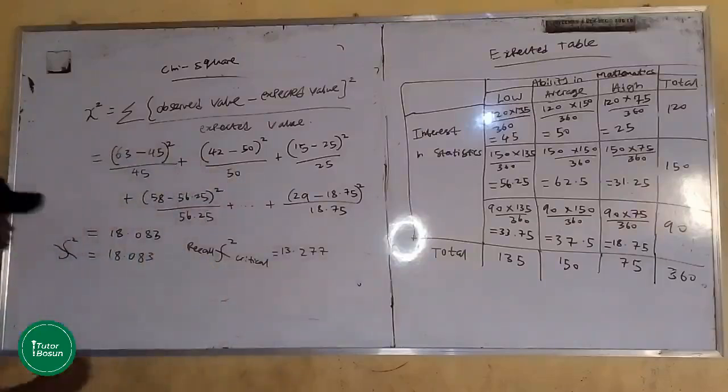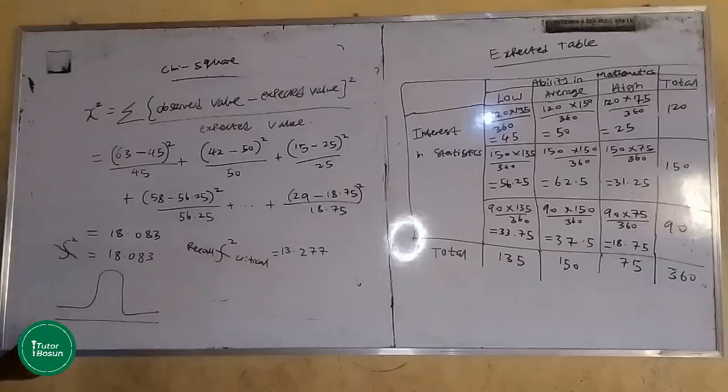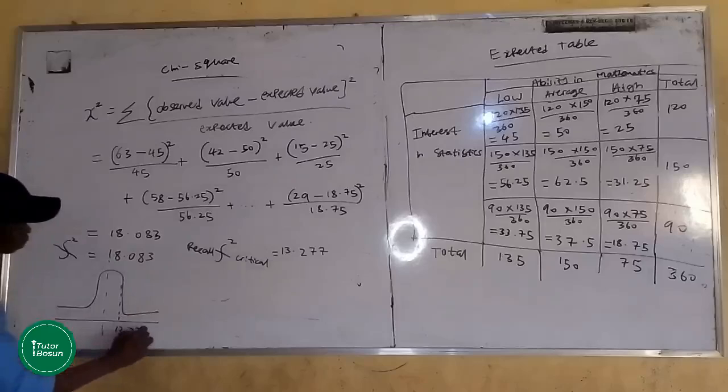So you can plot the distribution for that critical chi-square you are given, which is 13.277. It will fall in the positive part, your distribution is symmetrical. So this should be around here, which is 13.277.